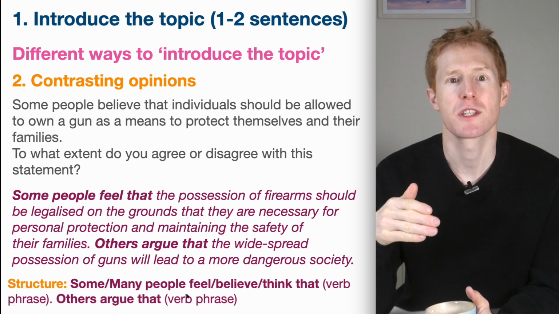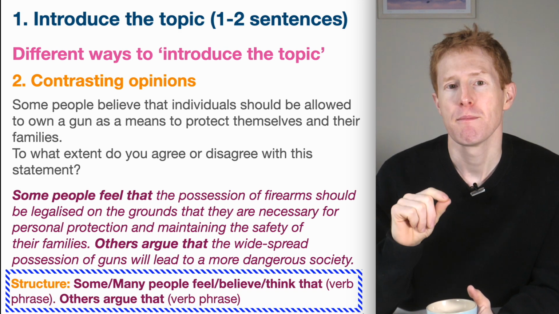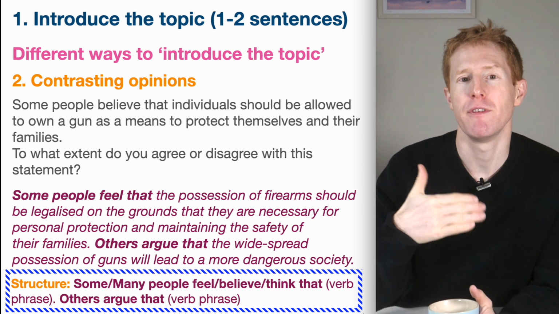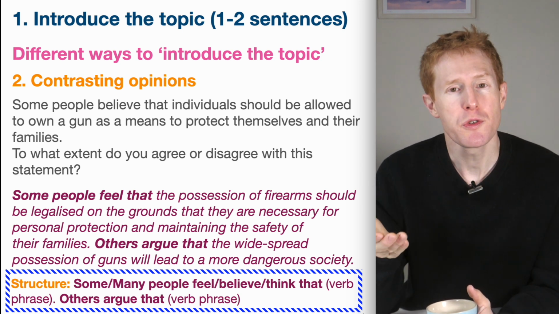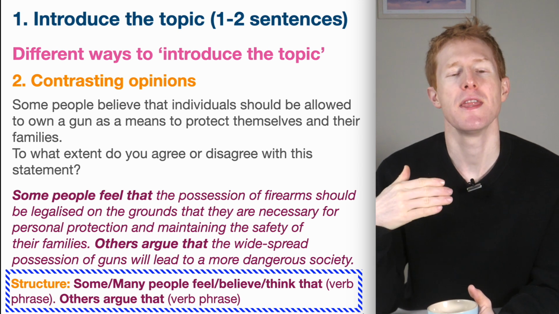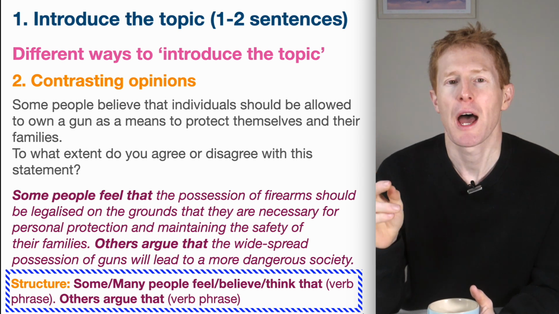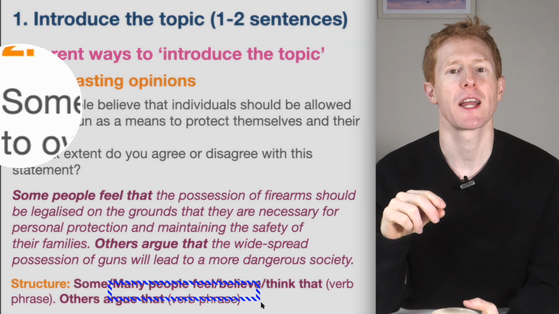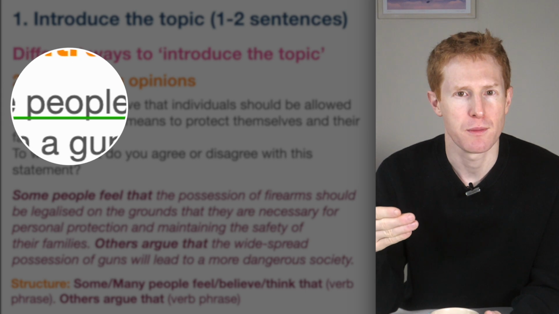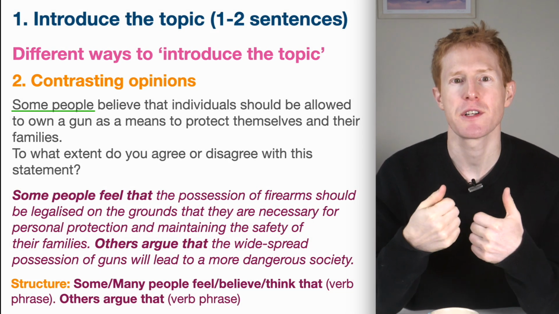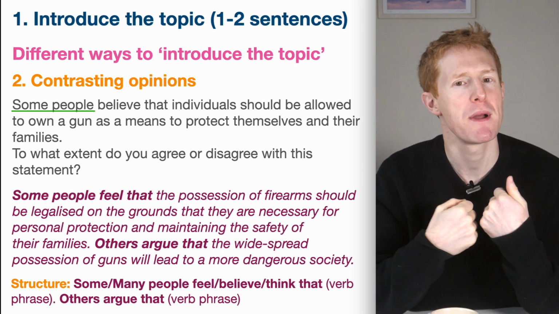We have some or many, people feel, believe or think, and then we have a verb phrase. And then we have a new sentence that says, others argue, and then another verb phrase. Now, we would use this template structure when we have phrases like some people, because these questions are showing us that there is a difference in opinion.